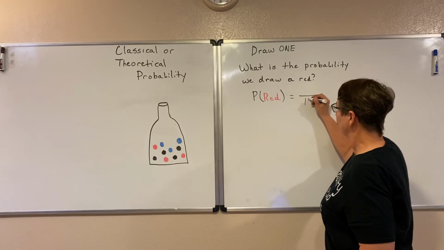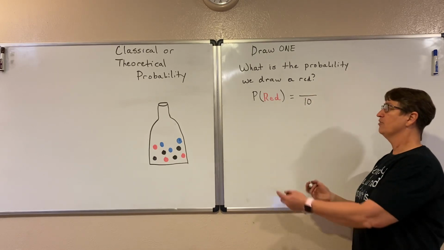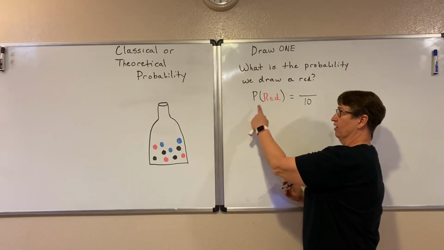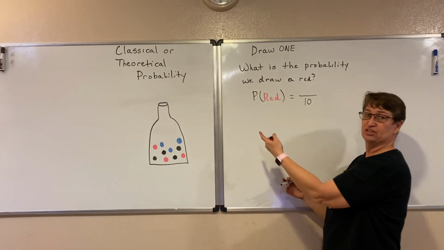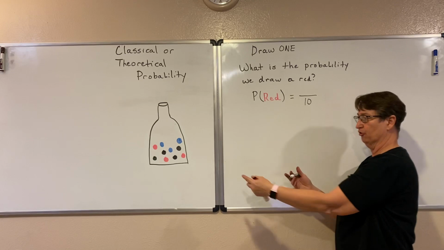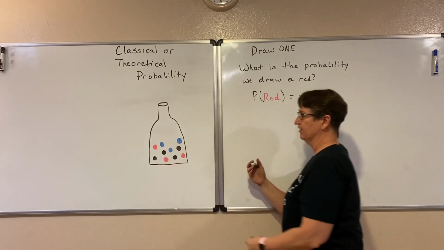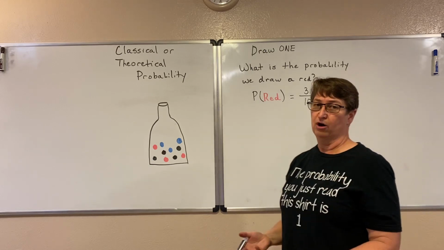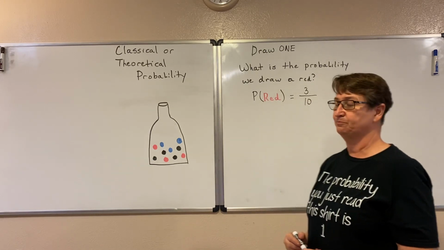So that total number comes down on the bottom. Then on top, it's the number of things that we're looking for of that event. So in this case, it's the number of reds in the urn. So there are 3 reds. So the probability that we draw a red with one draw is 3 out of 10.